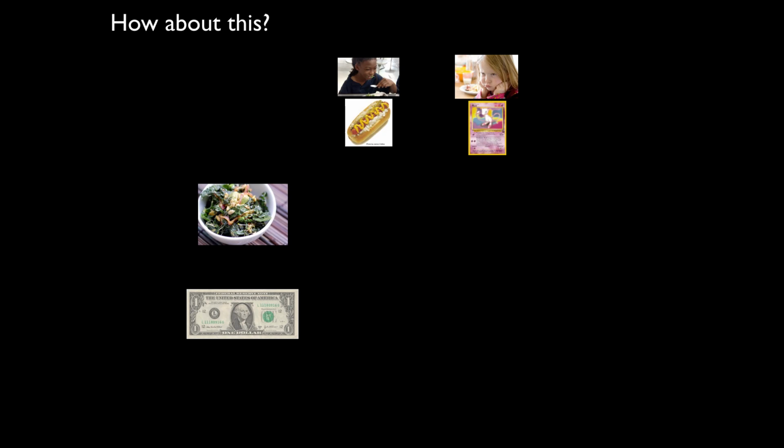No, why? There are still other possibilities. You could eat the kale and buy the Pokemon card. You have to specify what happens in each possibility. So this is also no.